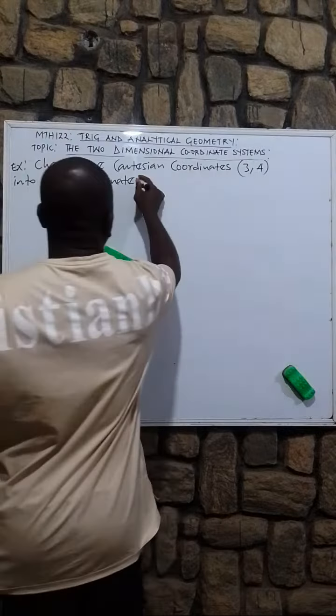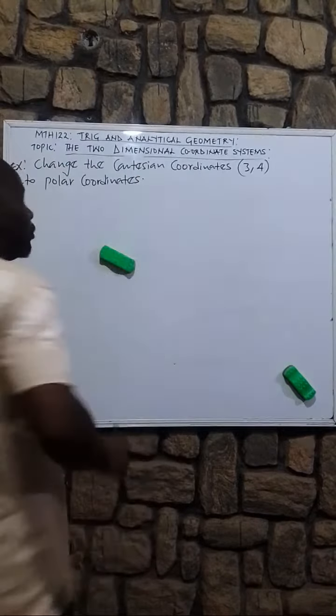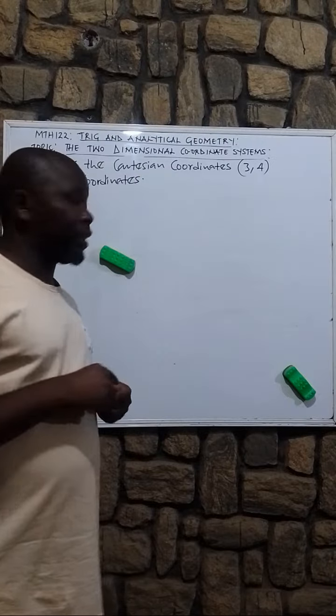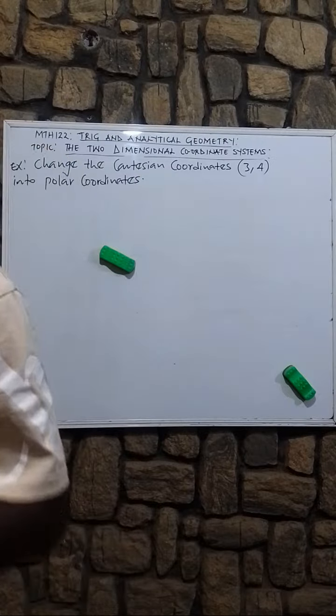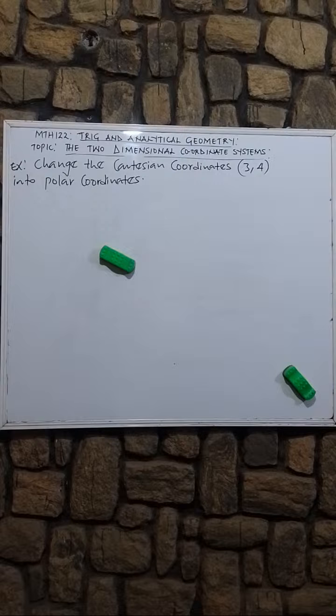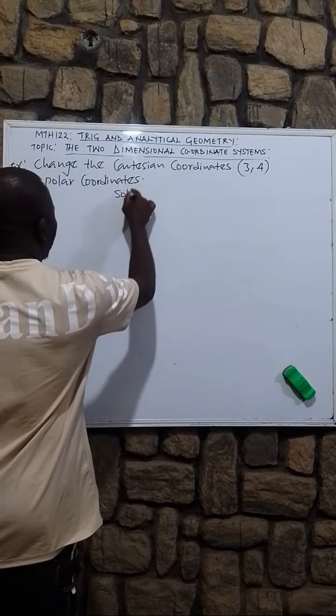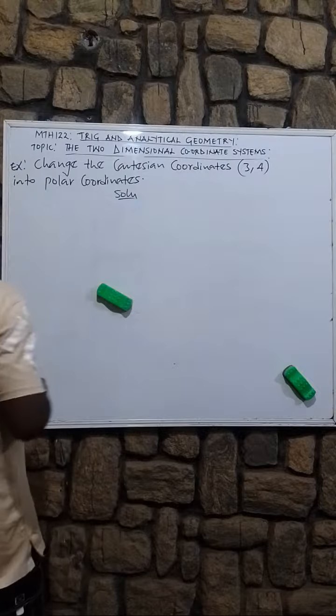Okay. This is as simple as ABC. We are going to look at this example. Is that clear? Changing from Cartesian coordinates to polar coordinates. So now let us write the solution and have the diagram.